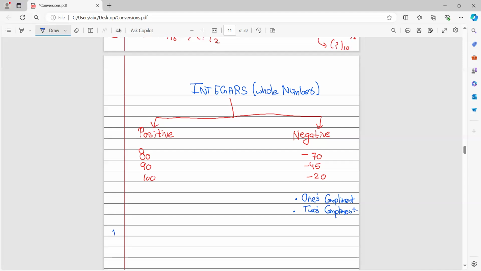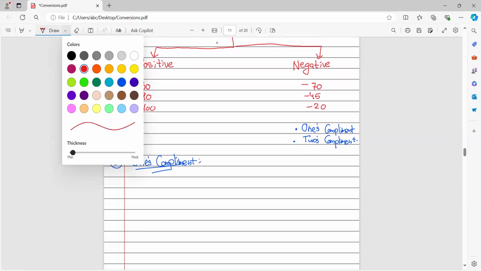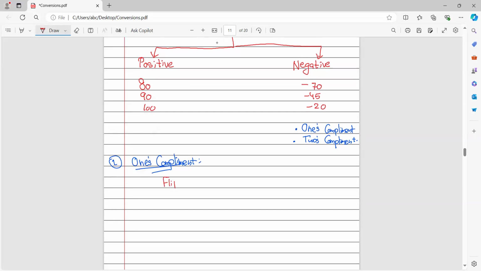Starting with the first version, ones complement itself. We are going to discuss this technique in detail. Ones complement is basically flipping all the bits. If you have a 1, it is turned into 0.